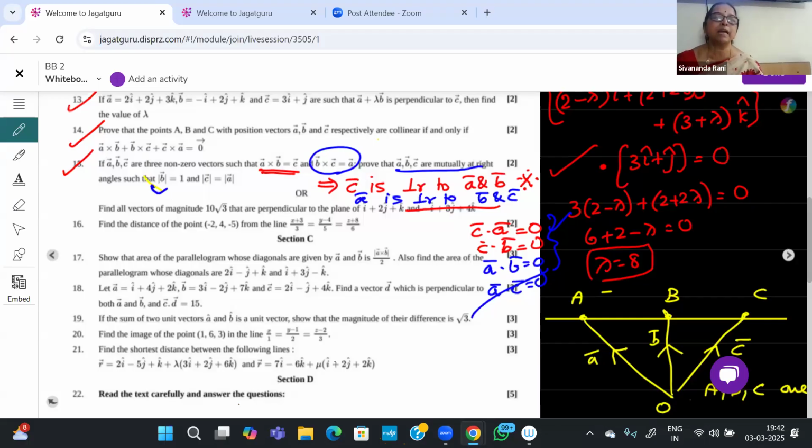Can someone prove the second part? The second part is a little bit harder. It's not totally difficult, but it's slightly harder.